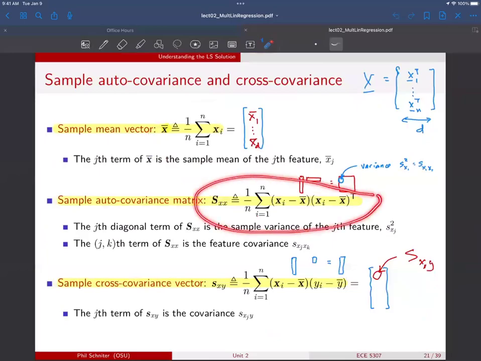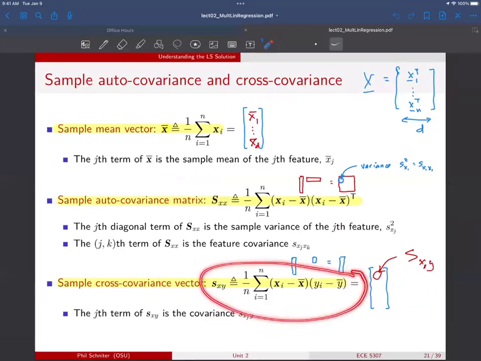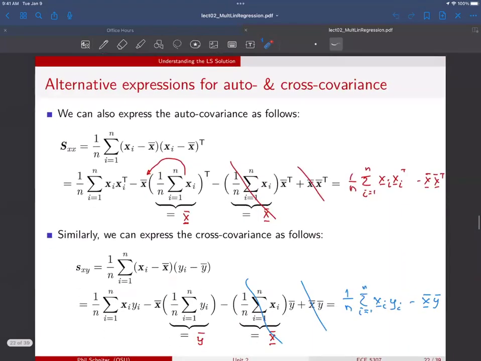The variance generalizes to the autocovariance matrix and the covariance to a cross covariance vector for us. For example, this cross covariance vector is the covariance between each one of the features in our training set and the targets.